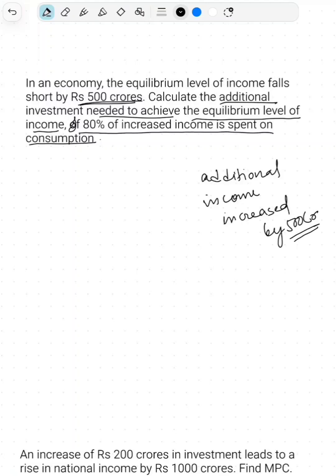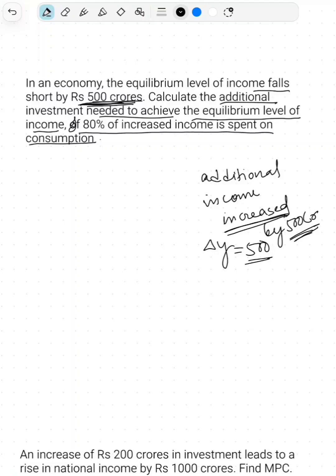This is actually change in Y, 500 crore. So if you have considered change in Y as 500 crore for increased, falls short basically means decreased by 500 crore. It is nothing to be confused about. So in earlier questions, if the question says additional income increased by 500 crore, this question says income falls short by 500 crore, or you can say income decreased by 500 crore.